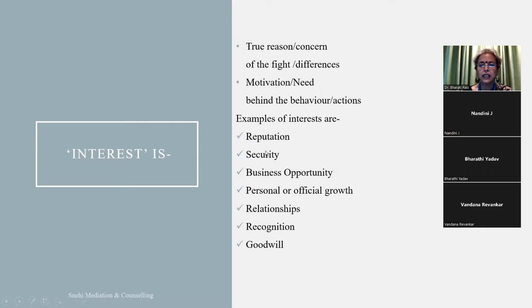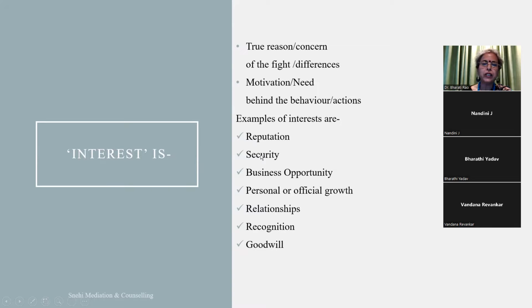The sister is married, but her husband is not there, and the brother, although married, doesn't have a place to stay, and this home that their father has left is offering security to the two people. So when they are contesting for this particular property, the underlying need, or concern, is their worry about security or a place to stay.